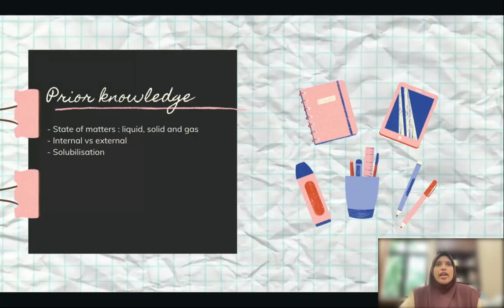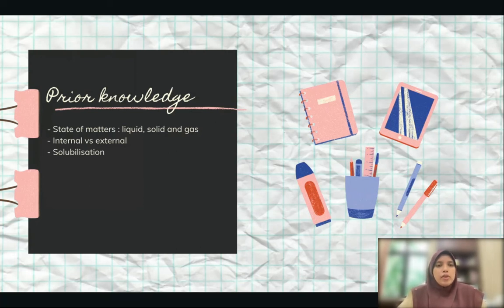So I assume that you already have some prior knowledge from your reading. You should know already there are three different states of matter: liquid, solid, and gas. For this lecture specifically, we will focus on liquid. Because it's liquid, the product is not in the form of solid and is not in the form of gas. So you have to be able to identify that this product is liquid by looking at the state of the preparation.